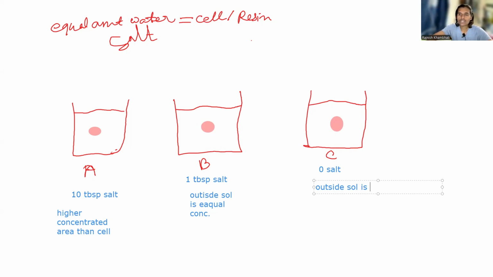So when we compare, the outside solution is a lower concentrated area.